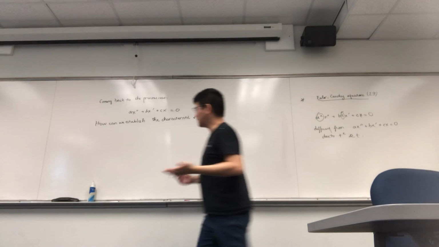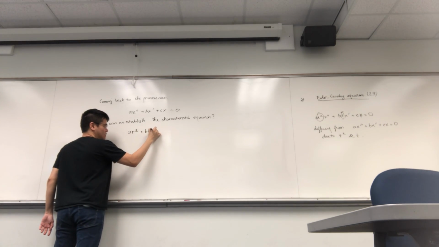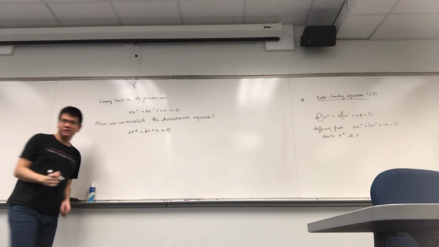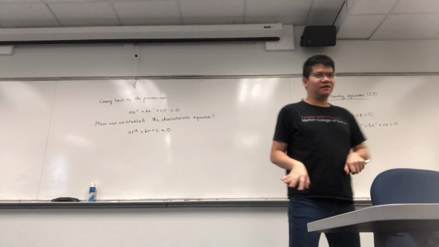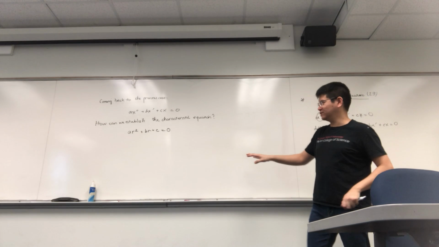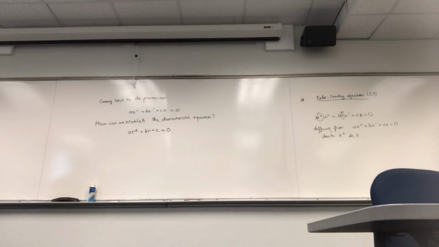We know that the characteristic equation is ar squared plus br plus c is 0. In one of our previous classes, I explained how we can reach this equation. How can we get there? Didn't we look for special solutions of the form x is equal to e to the rt?